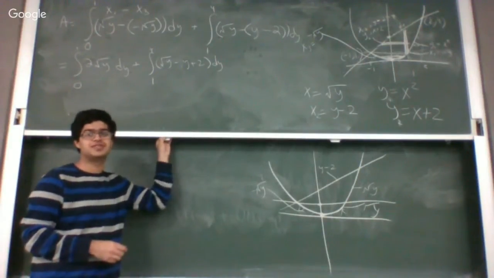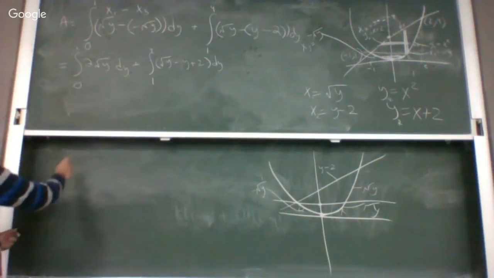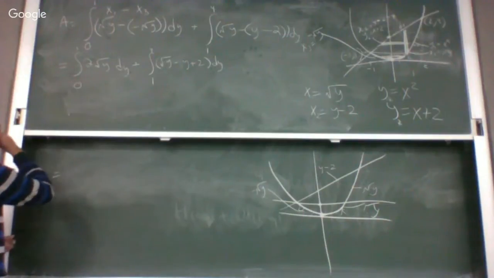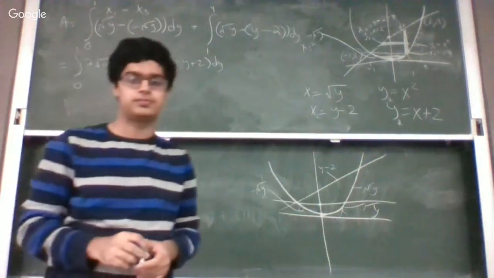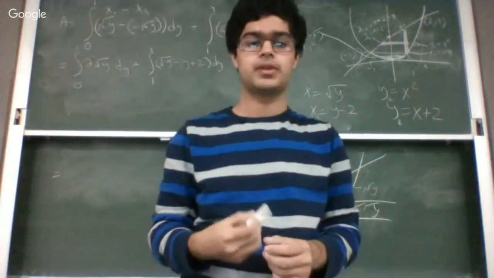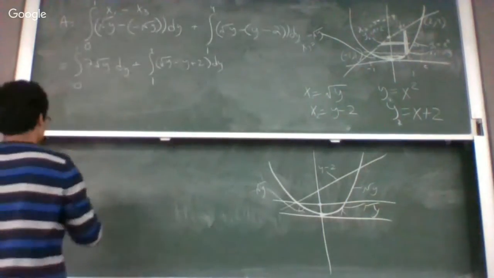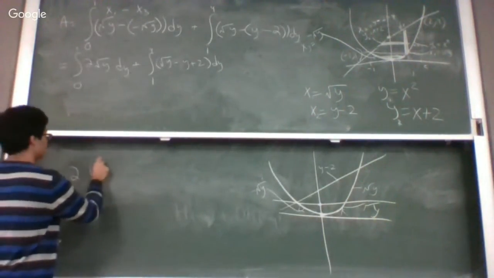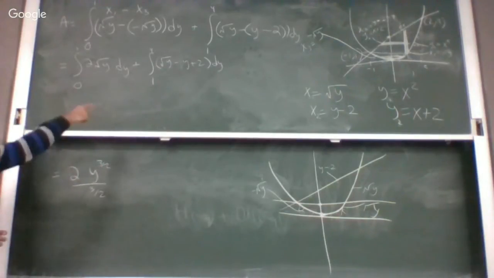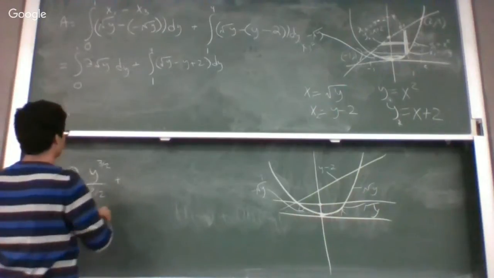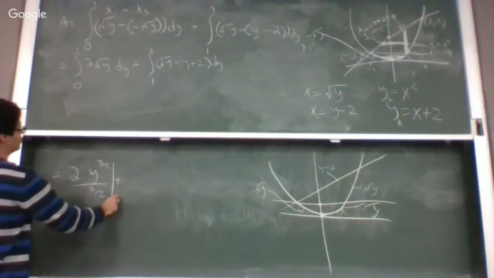Are you guys still confused? No? So then you do the integral. What's the integral of square root of y? So it's 2 times y to the 3 halves divided by 3 halves. That one we have to multiply by 2. This goes from 0 to 1.